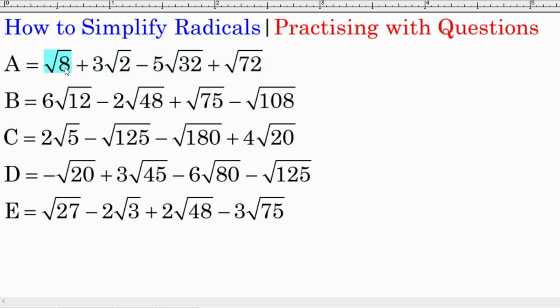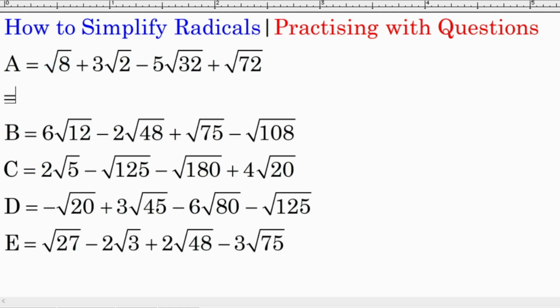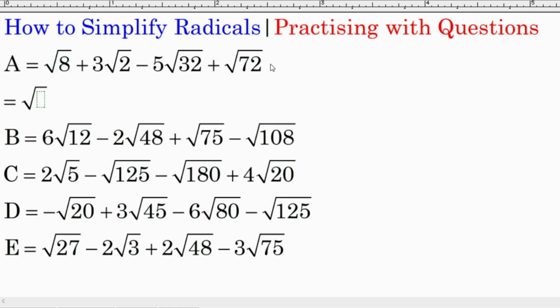Here we have square root of 8. Square root of 8 can be simplified. So square root of 8 could be written as 4 times 2. Now 4 times 2 is equal to 8.